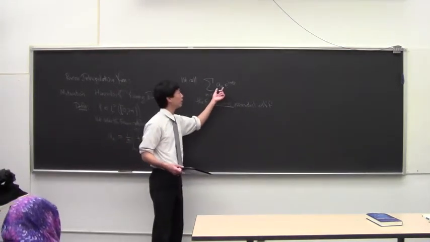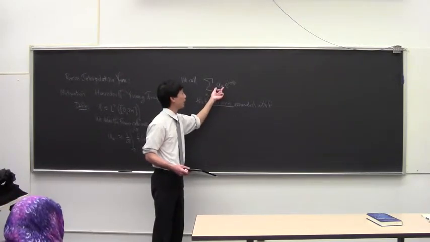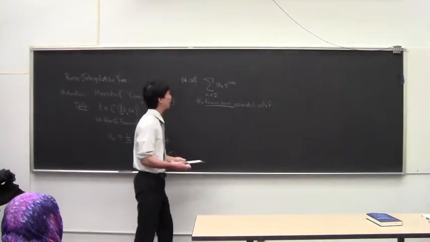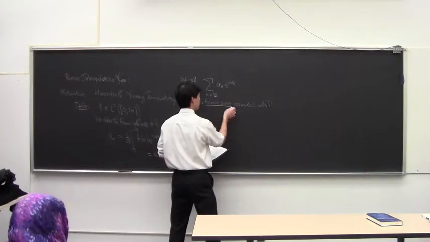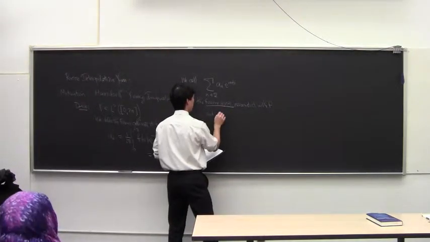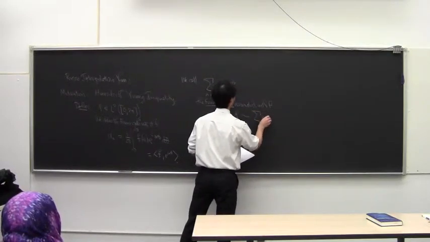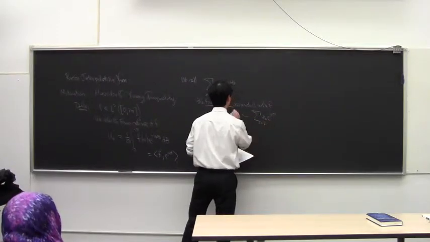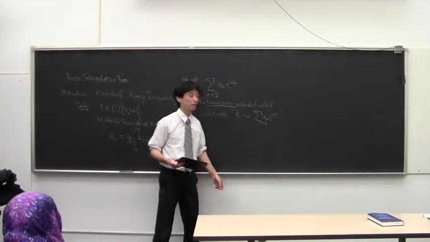Then to reconstruct my function, I sum the a_n e^(inθ) together, and hopefully I get back f. We call this the Fourier series associated with f, and we write f ~ sum a_n e^(inθ), just to say that this function is associated with this Fourier series.